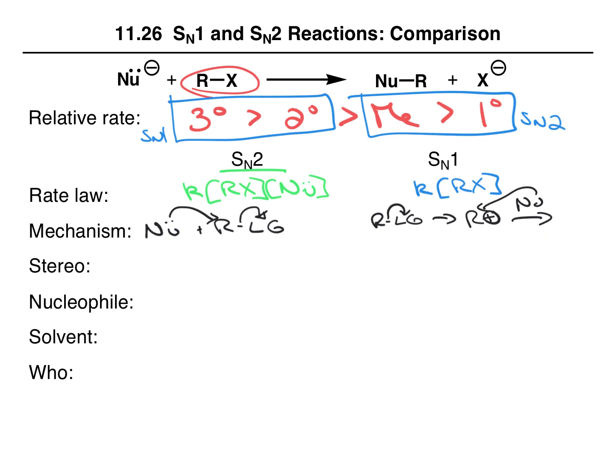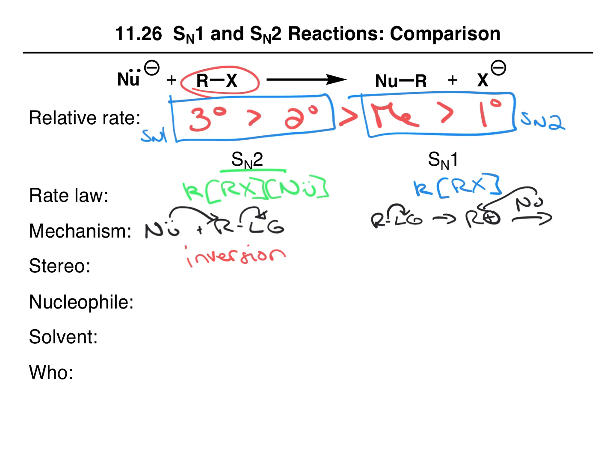In terms of stereochemistry, in an SN2 reaction, because all this happens at the same time, the nucleophile has to add to the face opposite the leaving group, and therefore we get complete inversion of configuration. In the case of an SN1, we have our carbocation intermediate, which is trigonal planar, but the leaving group can still get in the way.